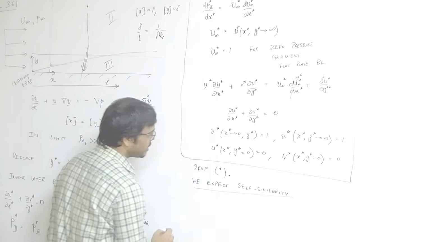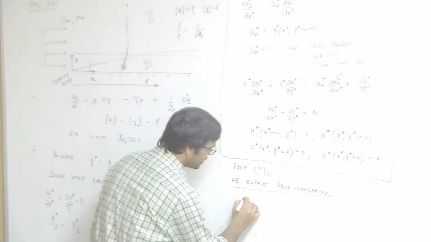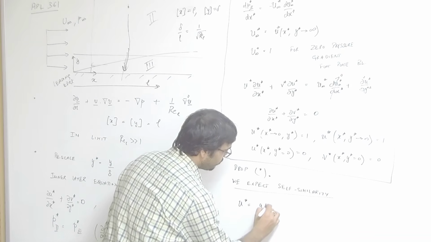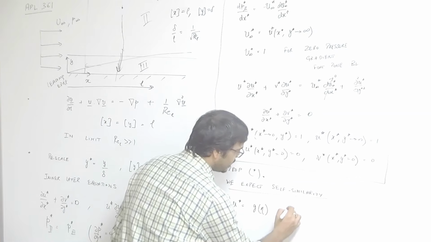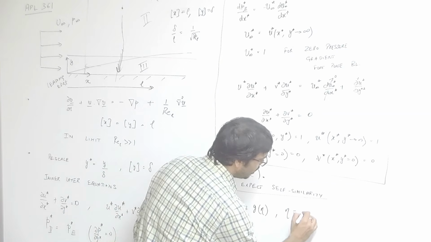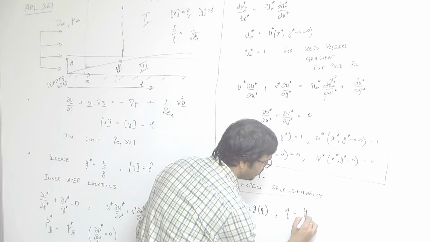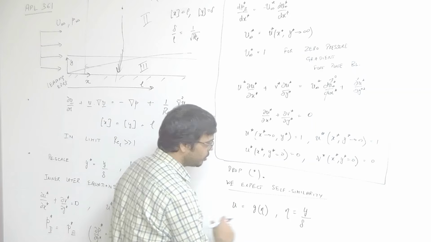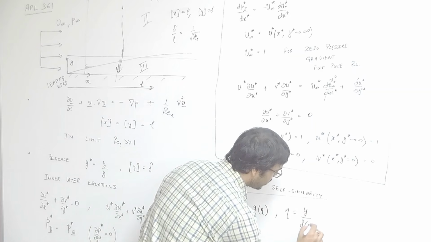So, we expect a self similarity. What I am going to say is that u, dropping the stars, is some g of eta, where this eta is the similarity variable, y over some delta of x.